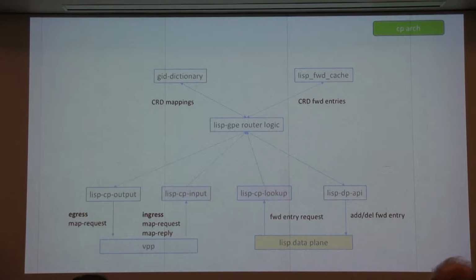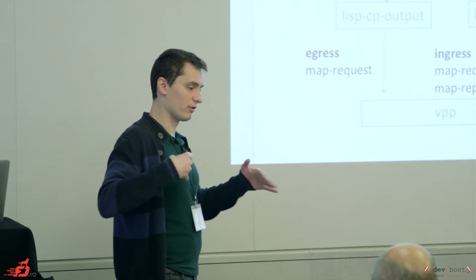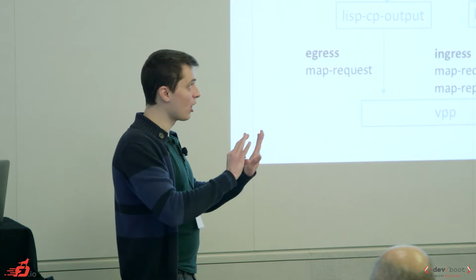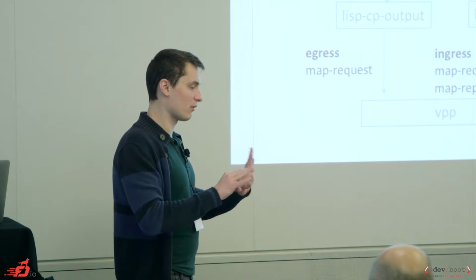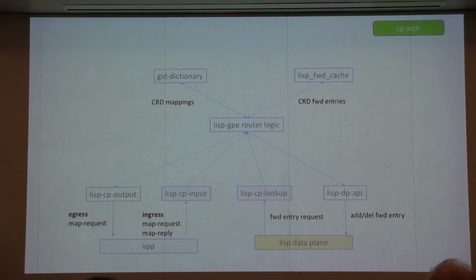As I said, we have a cache within the router, and afterwards do some processing on this mapping that we obtained, figure out how it matches with our own state that we have in the router. We know who wanted to talk to this destination, and we do some mix and matching of our locators or our attachment points with the destination attachment points, and finally program the data plane.